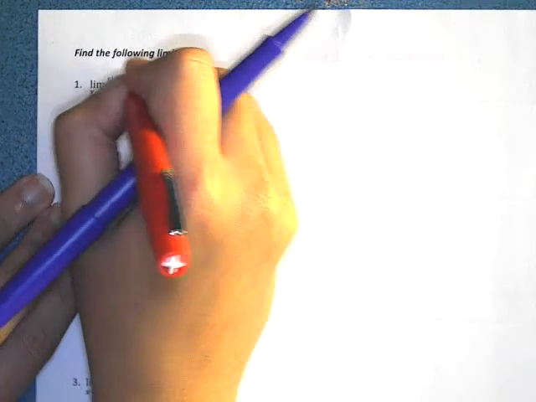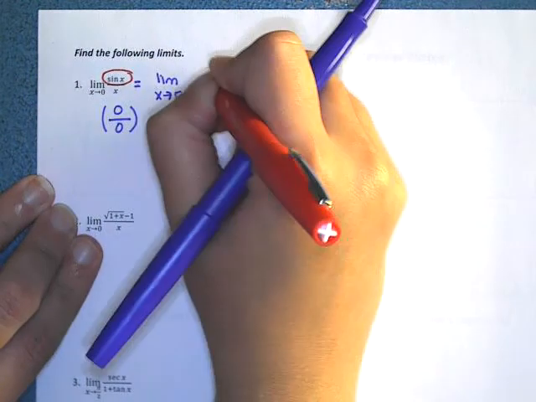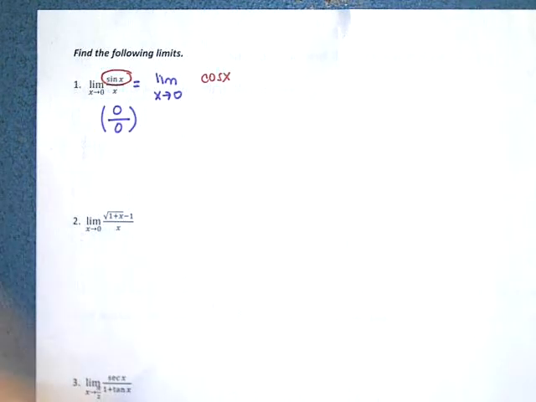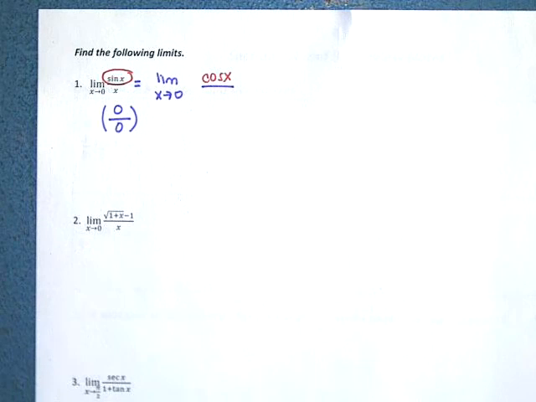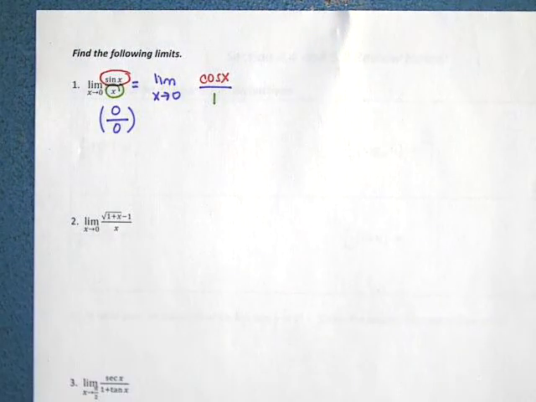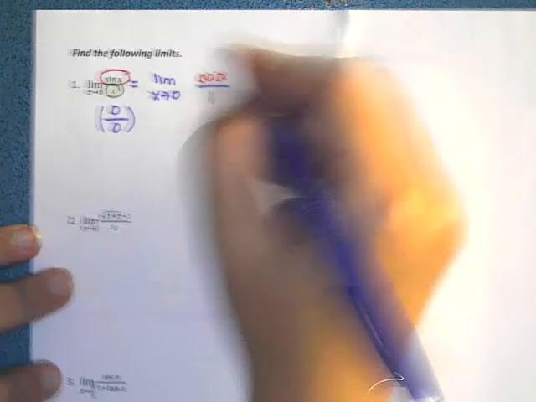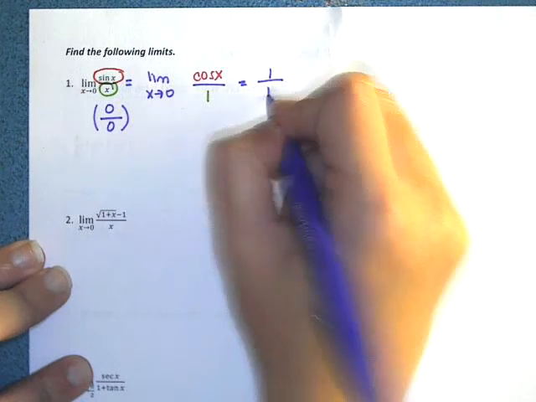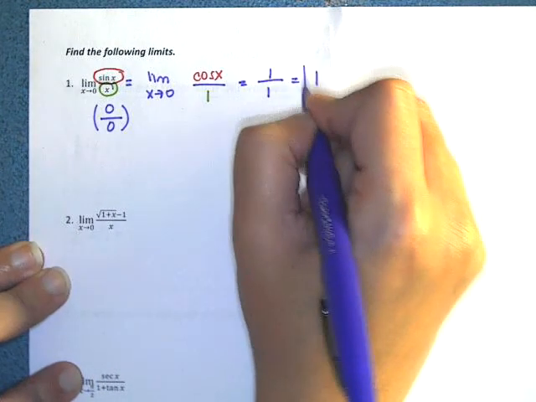This is the same problem we just did. I just want to make sure you really get it. And we get cosine. And I want to take the derivative of the bottom, and we get 1. And keep in mind here, I'm not using quotient rule. I'm not doing anything crazy. And then I try plugging it in again. If I try plugging in 0 this time, I get 1 over 1, which is just 1, and that's my answer.